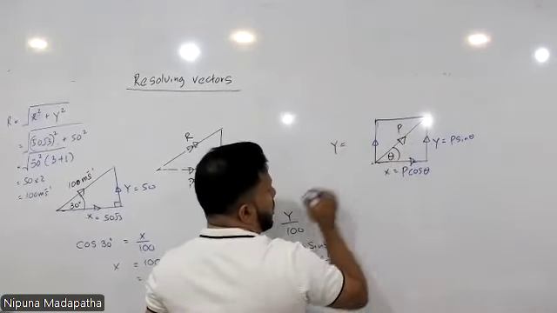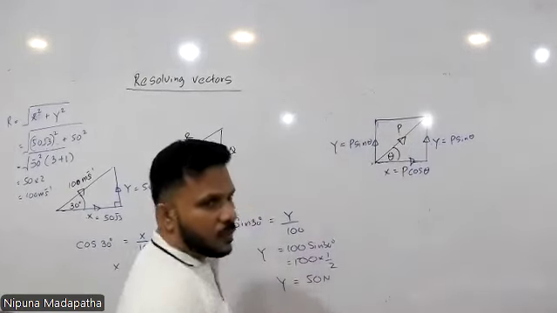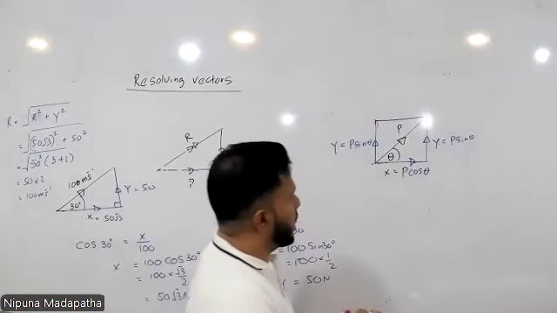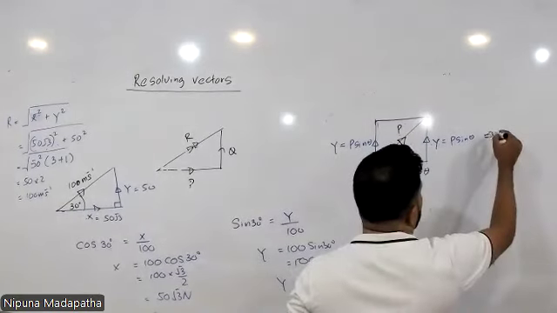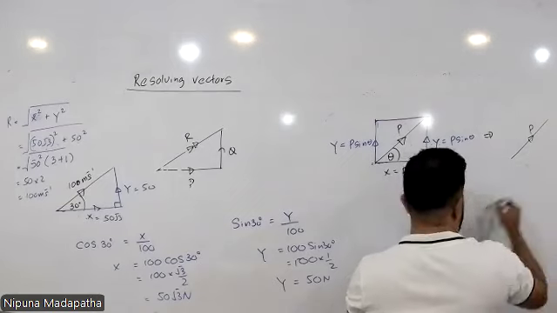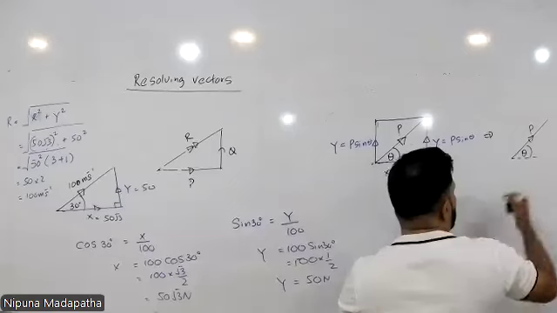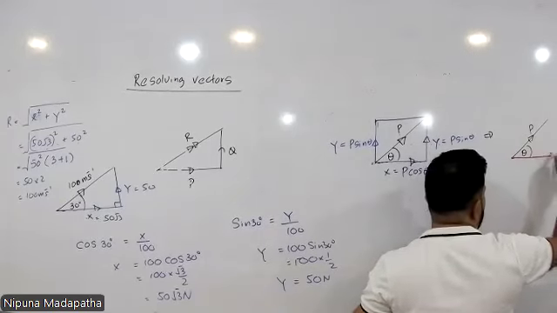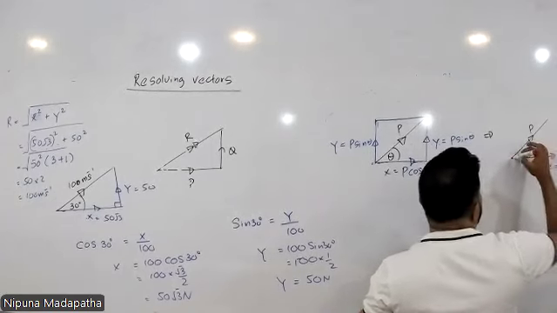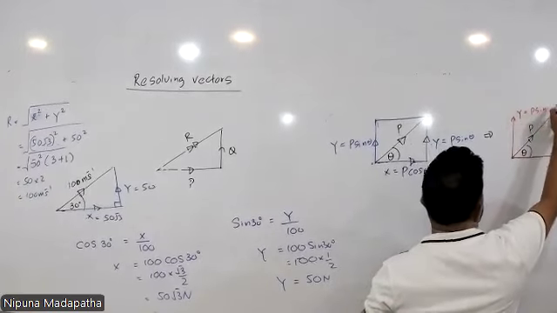The length of this side is also equal to P sin theta. So straight away, if the vector is P and the angle is theta, you can get the two components. One is along the x direction, which is equal to P cos theta. The other along the y direction, which is equal to P sin theta.